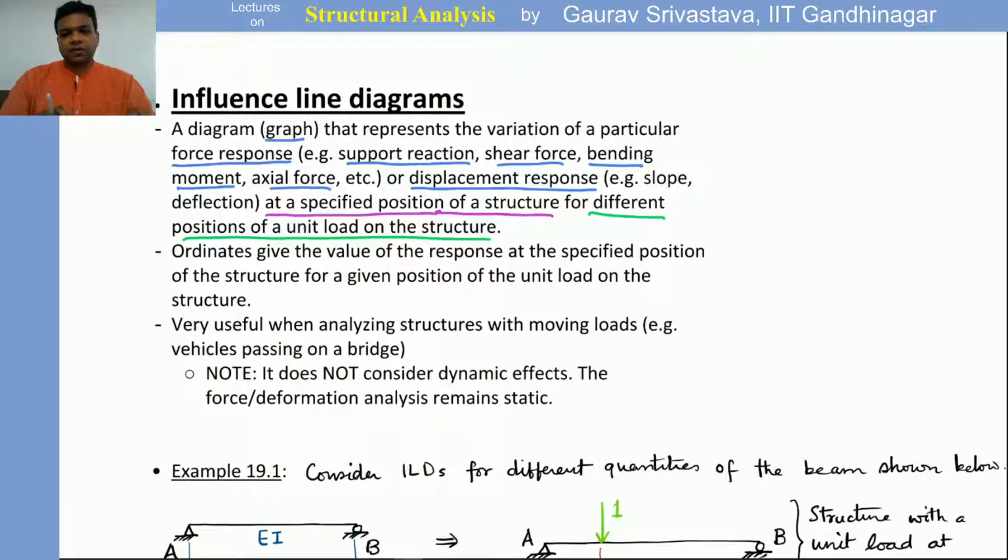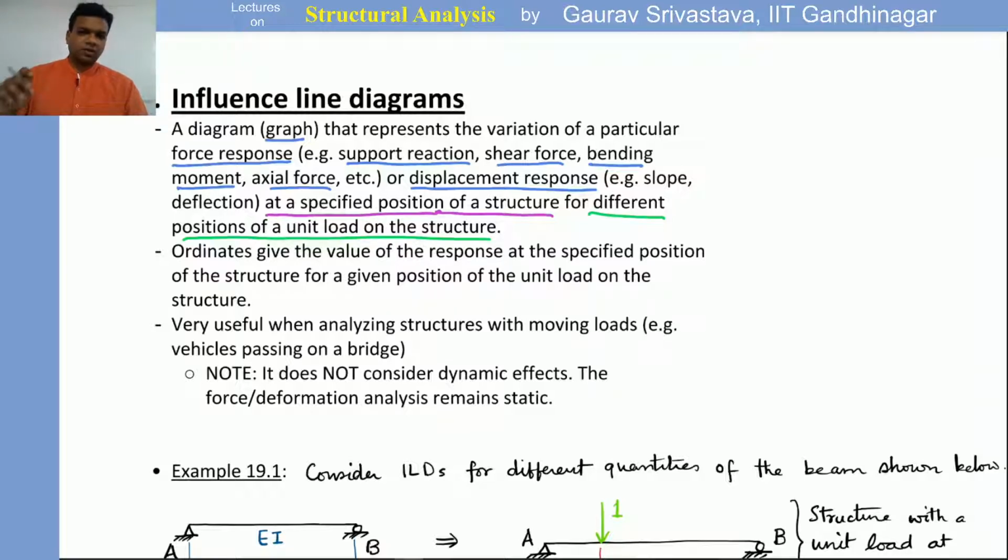And in this case we consider a moving unit load, with the idea that, in case it is a non-unit load, it can be simply scaled. If the response due to 1 unit force is known, response due to 20 unit force would be just 20 times that, because we are using linear analysis, these can be scaled.